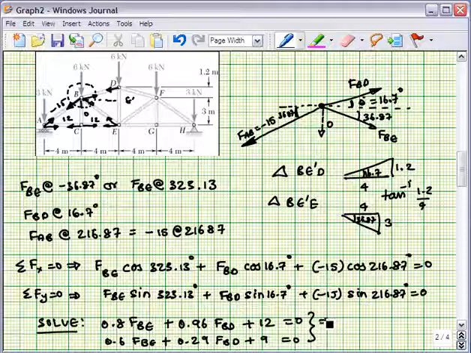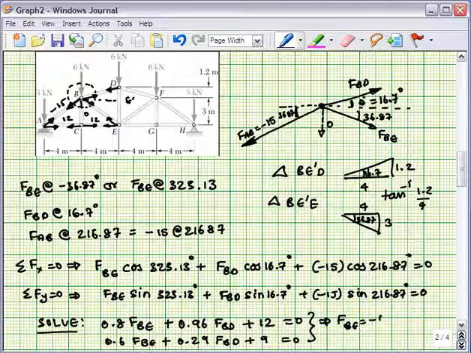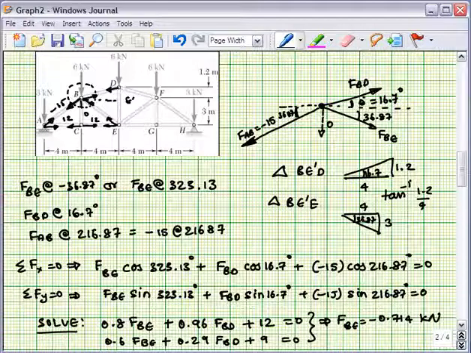If you solve these two equations, you will get FBE equal to minus 0.714 kilonewtons. FBD is minus 11.93 kilonewtons.